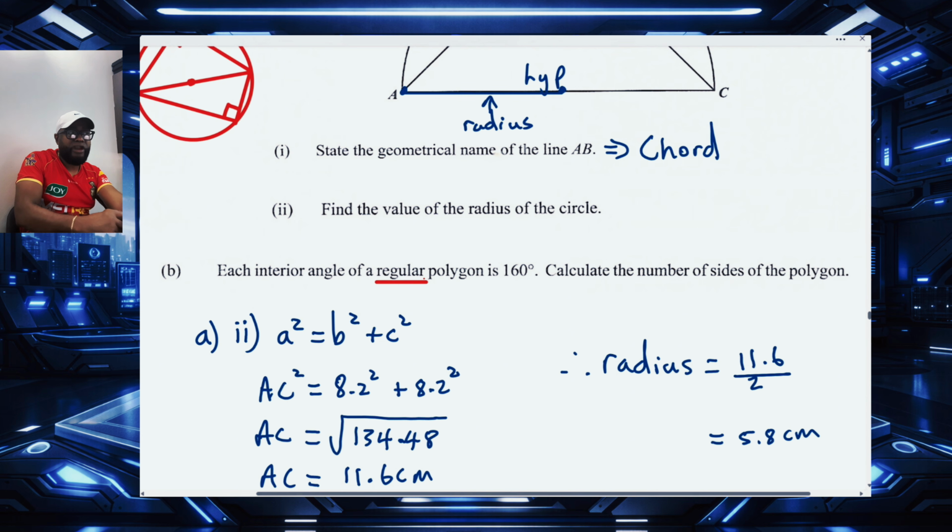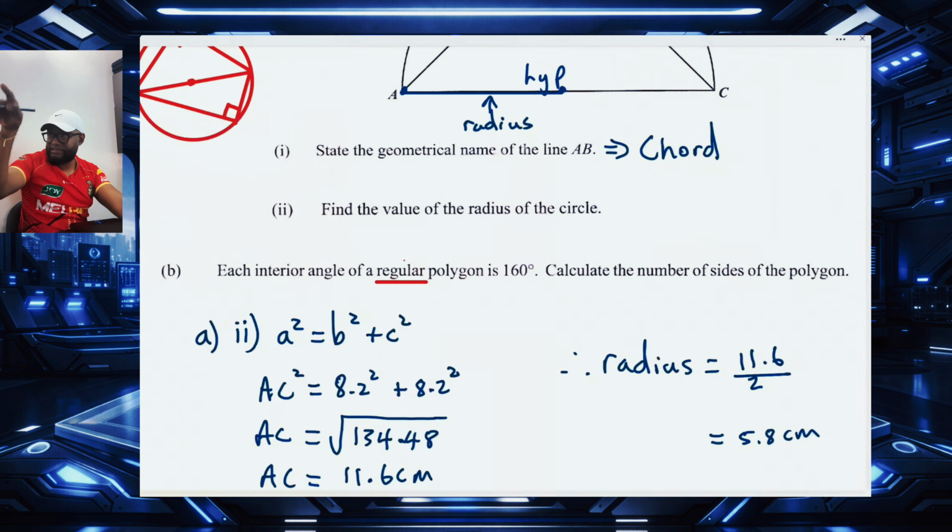So this word regular means that all the angles in the polygon, whether it be a triangle or whatever, will be equal. And all the angles and all the sides would be equal.